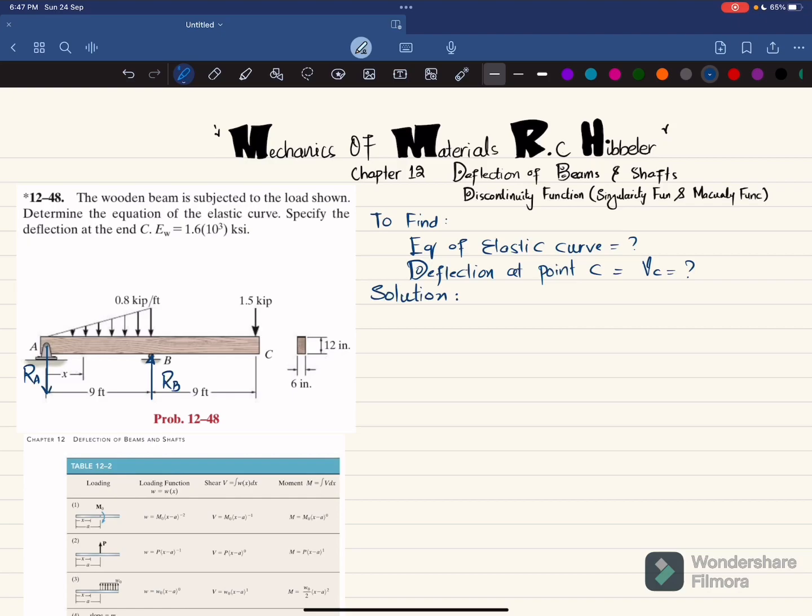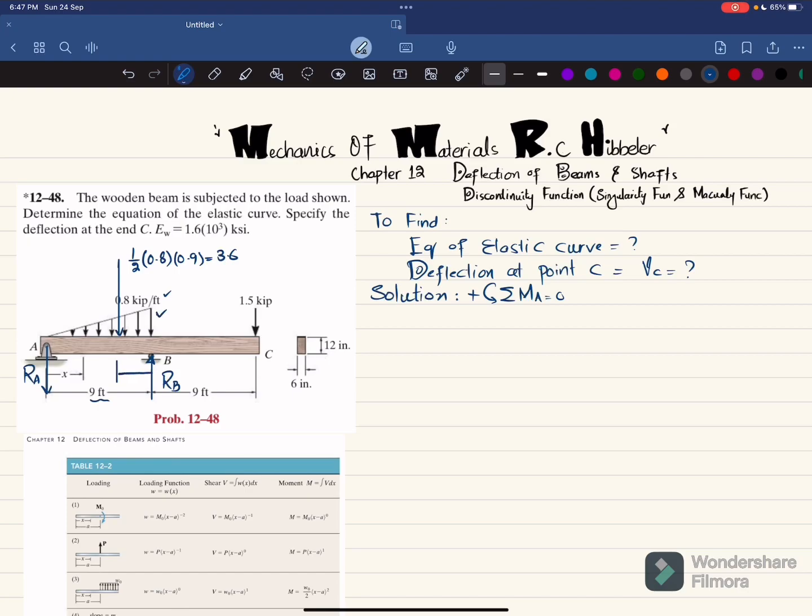RB can be obtained by applying the equation of equilibrium, that sum of all moments about point A is equal to 0, taking the counterclockwise moment as positive. You can see there is a triangular load of 0.8 kips per feet. If we convert this triangular load into a point load, it is a triangular area, so it can be obtained by formula 1/2 into 0.8 into the length over which it acts, that is 9, and that is equal to 3.6 kips, and it will act at a distance of L/3 from the denser side.